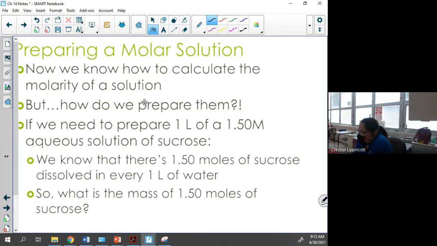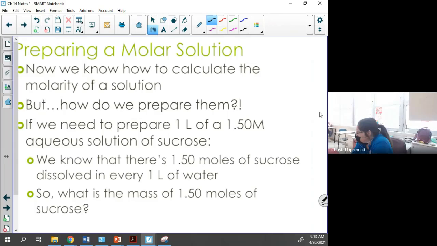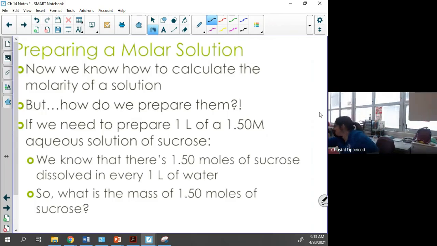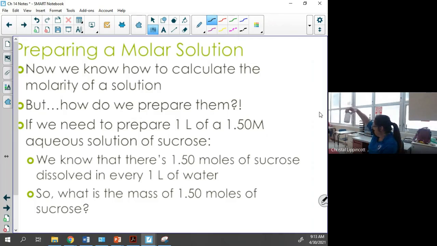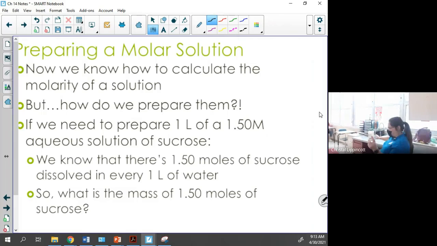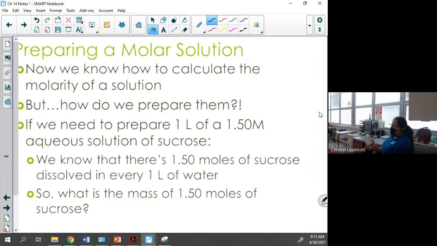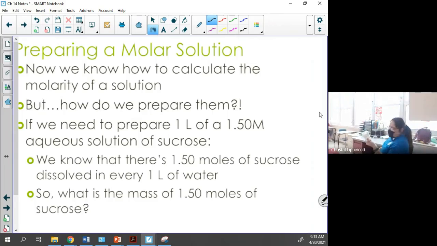When we get our stuff in the bag, most of the time it comes in a powdered form, and we have to take this and dilute it down to whatever concentration we want. So I'm going to show you how to do those calculations today. Let's say this is our sucrose, and we wanted to make a liter of 1.5 molar sucrose.